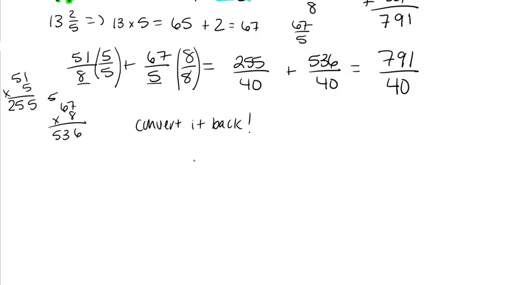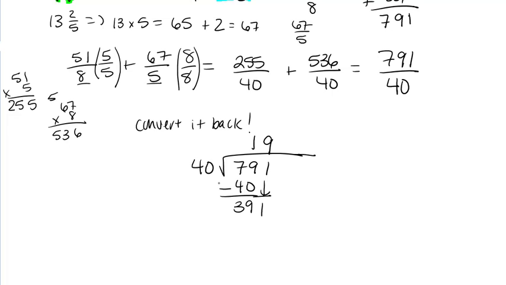So we get 40, and we're going to go into 791. So 40 can go into 79 one time. We're going to go ahead and subtract, and we're left with 39. Then we bring down that 1. Now 40 can go into 391 9 times, because if 40 times 10 is 400, then we can go 9.